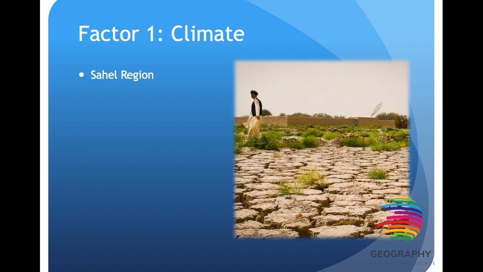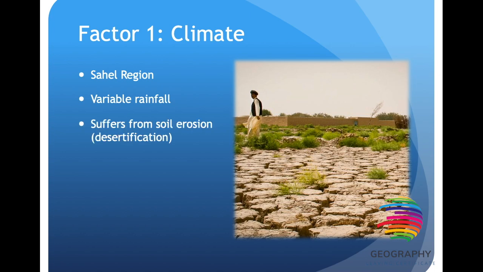Well, it's a Sahel region. In other words, it's located in the Sahara Desert. It has very variable rainfall, little to none really. It suffers from a thing called soil erosion or desertification. And if you have a little look back on your notes on soil and desertification when we looked at our hot desert climate, desertification means the land is slowly turning into desert.